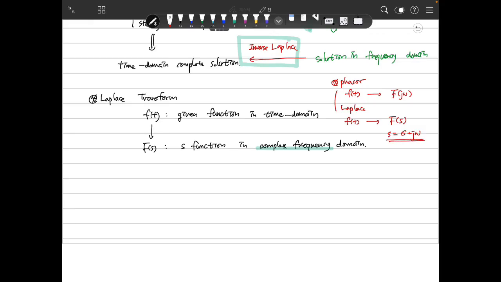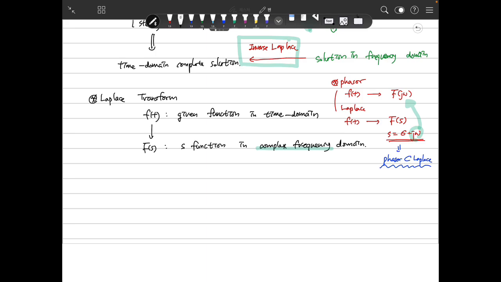In the case of phasor, in the Laplace we are just concerned with only this term. So phasor is a subset of Laplace. We call the Laplace not just the frequency domain, it's the complex frequency domain. So we have the Laplace defined in this way.